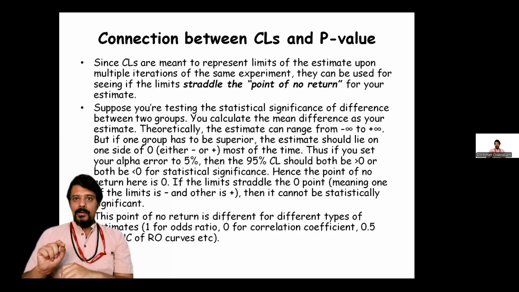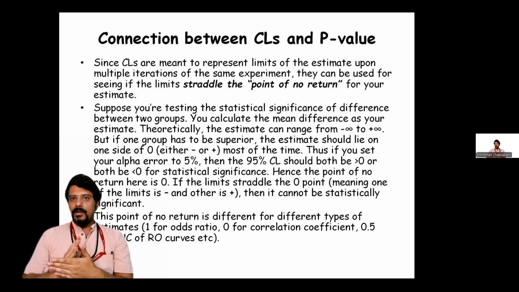Okay. Now, this point of no return for the mean difference was 0. For other estimates, it can be different. Like for correlation coefficient, also it is 0. Correlation coefficient ranges from -1 to +1, meaning that -1 is perfect negative correlation, +1 is perfect positive correlation, and no correlation is 0.